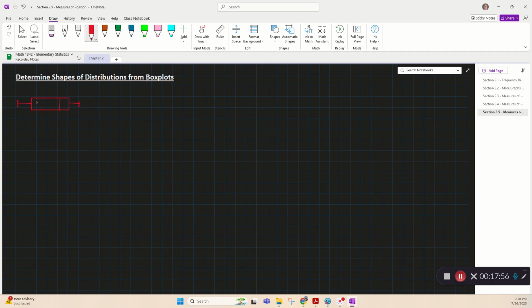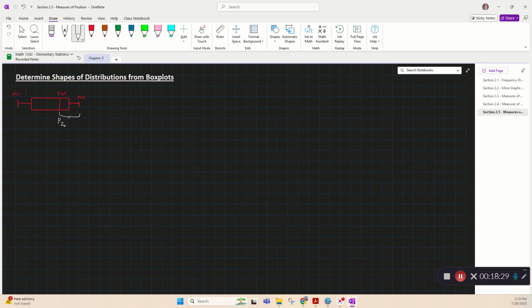Now, keep in mind that what these values tell us is where most of the data is. So this is my median right here. And then this is my maximum. There's my minimum. So if I'm looking at this box plot, it's telling me that there is a lot of data right here. That is half the data in that short span.